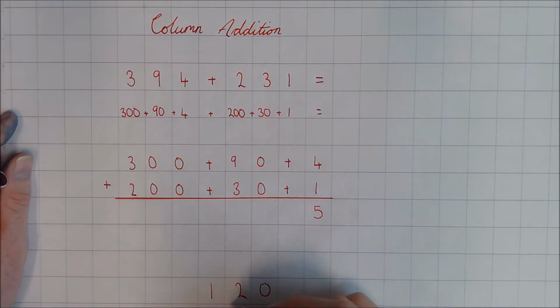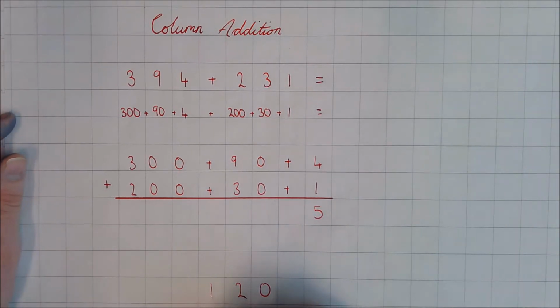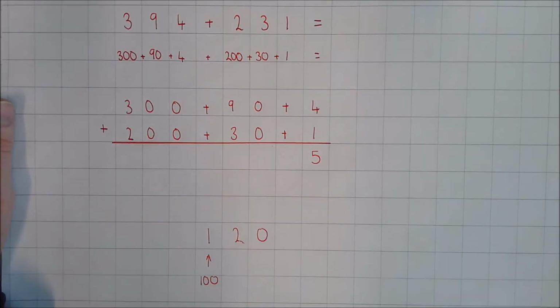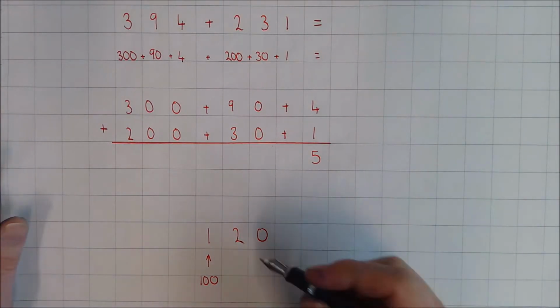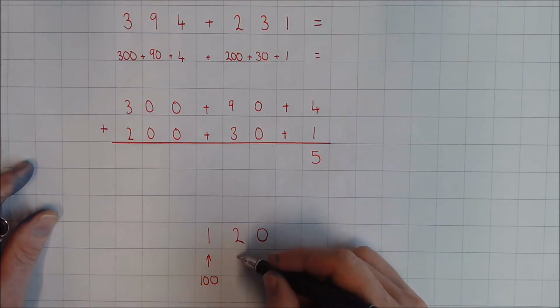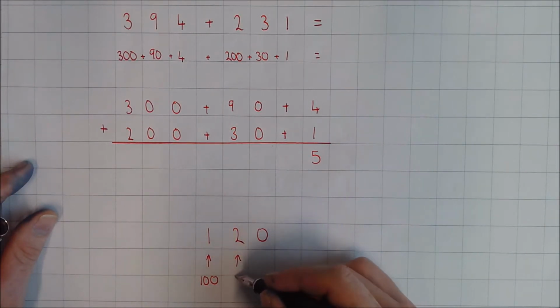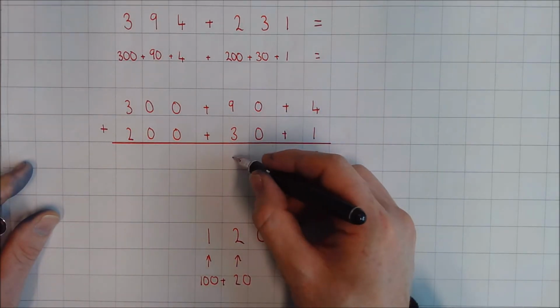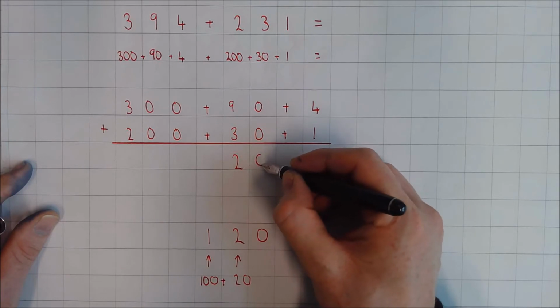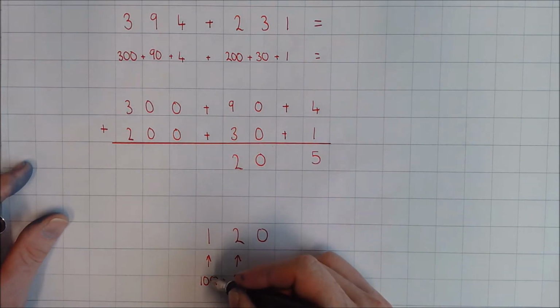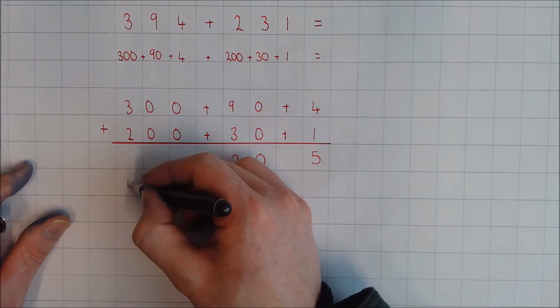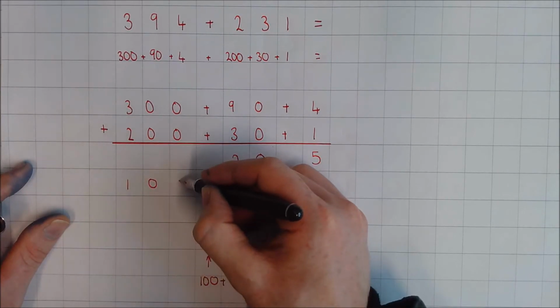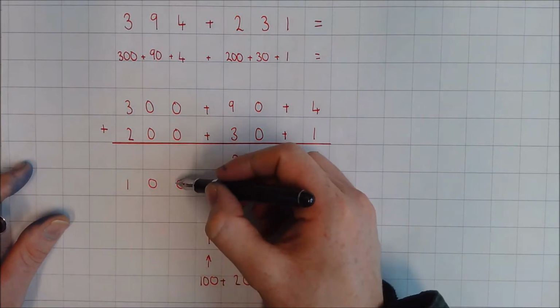So that is made from 100 add 20. Sorry, I've just moved that up a little bit so you can see. Now the 20 we can put into the tens. And then this extra 100 we can write here, and we're going to have to add this 100 into our hundreds column.